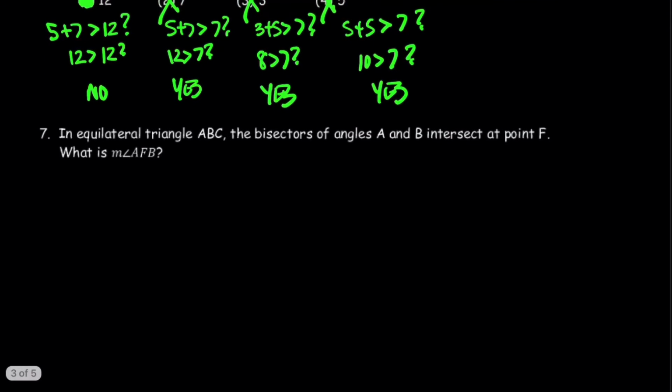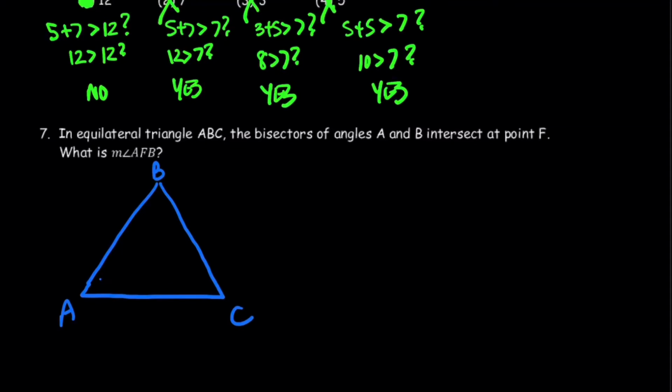Question 7. An equilateral triangle ABC. So again, let's draw a triangle. It's equilateral. What do we know about an equilateral triangle? All sides are the same, and all angles are the same, and they're all 60.